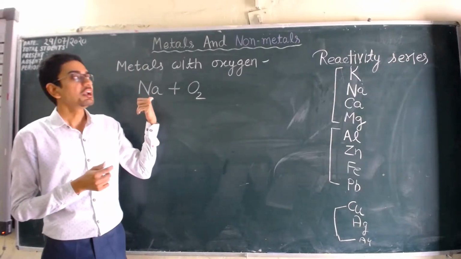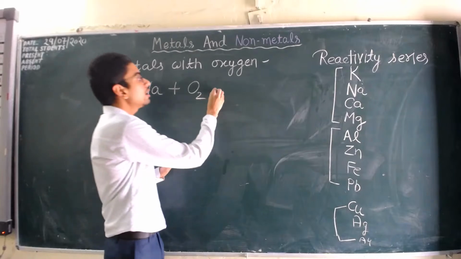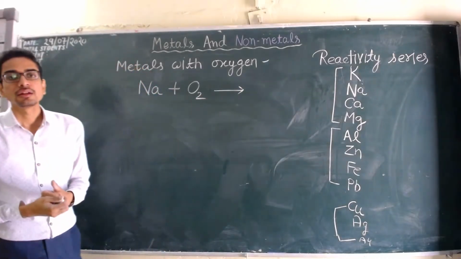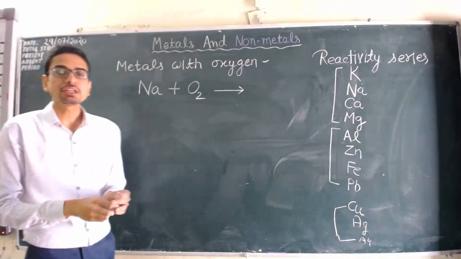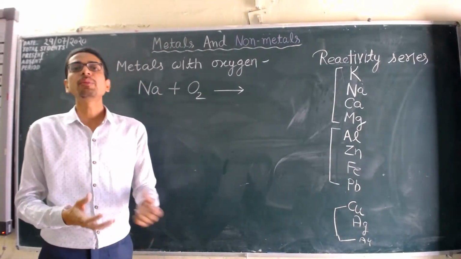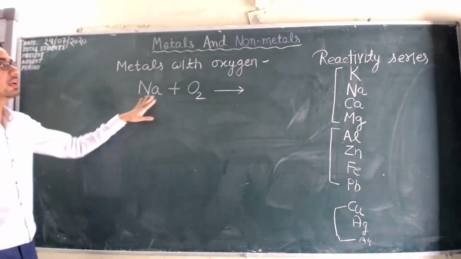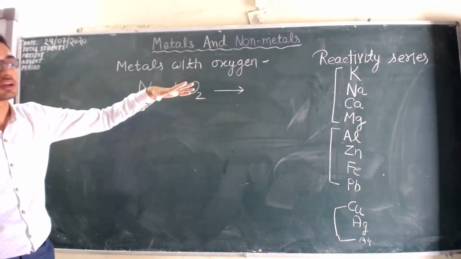But sodium and potassium are so reactive that they catch fire in open air. Means अगर आप sodium को और potassium को खुली हवा में रख देते हो, then they start burning because they are very reactive with oxygen, and reaction with oxygen means burning.